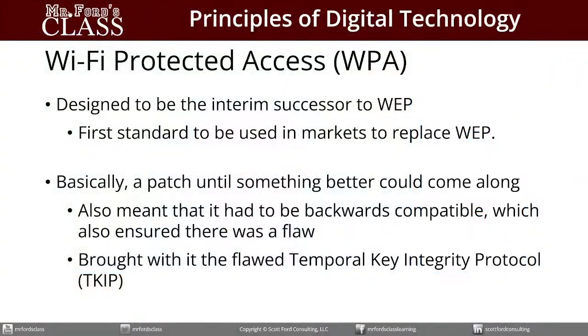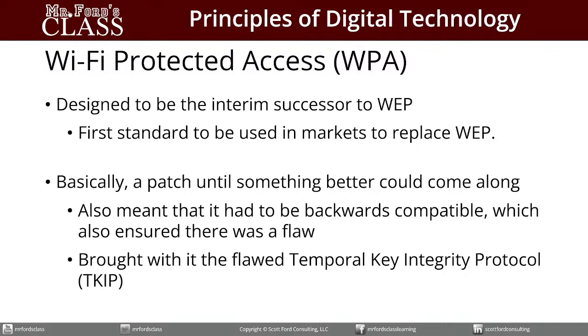And so WPA came out, and it was supposed to be backwards compatible with WEP, which was intentional, so we didn't have to throw everything out and start over again. Okay? But the problem was, because it was backwards compatible, it brought the keys to its own doom.